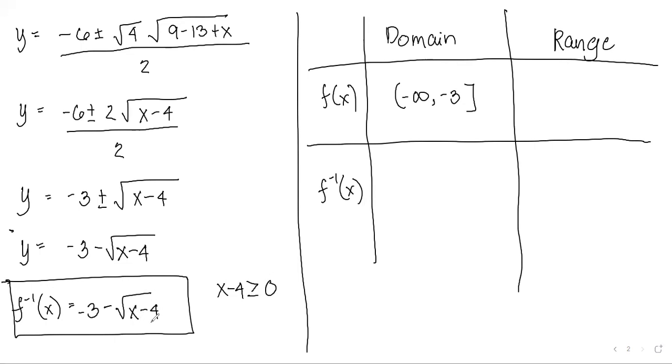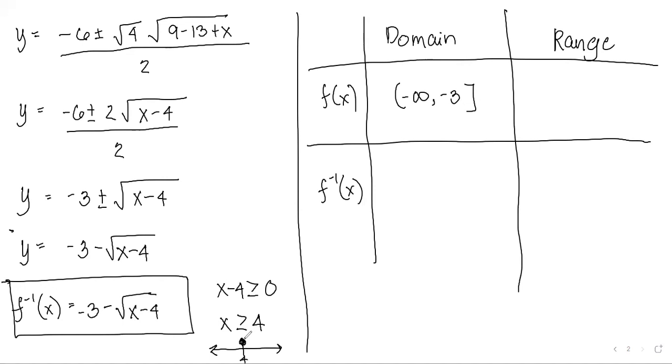Yung nasa loob ng square root or yung radicand, dapat greater than equal to 0. Hindi lang basta yung x. Okay? Kundi yung buong nasa ilalim or nasa loob ng square root natin. So, x should be greater than equal to positive 4. Diba? So, kapag ganyan naman in interval notation, andito si positive 4, tapos greater than daw, then equal.